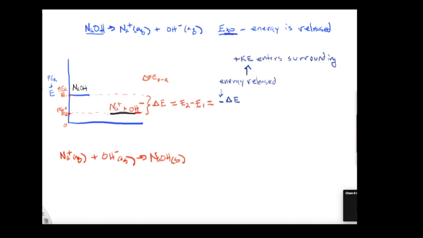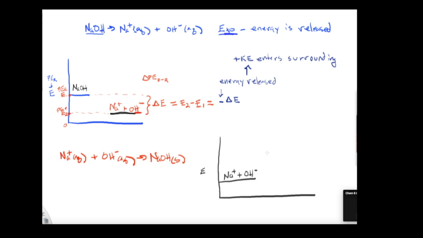So if we draw the graph for this, and again, you can label this how you want. You just need to understand the vertical axis has to do with energy, or the potential energy difference. In this case, we're starting with the two ions here, and we have to drive the reaction in reverse, because the Na+ and the OH- are lower in potential energy than NaOH is.